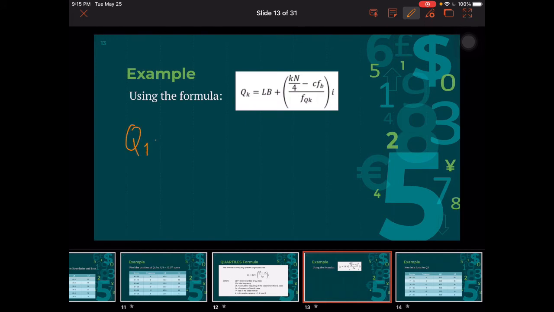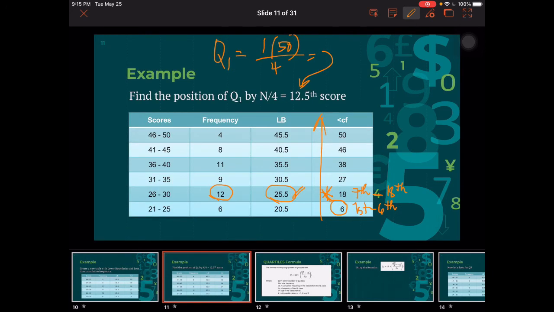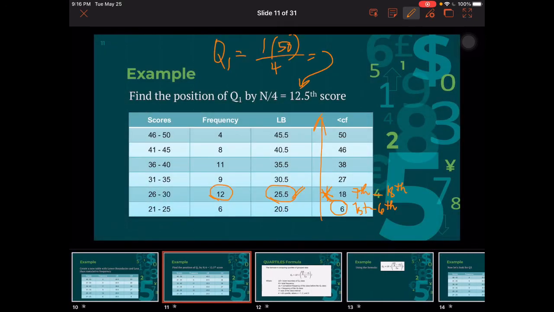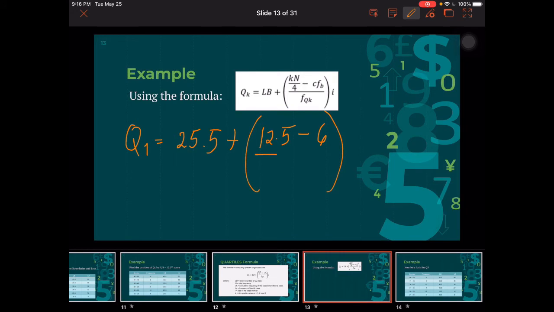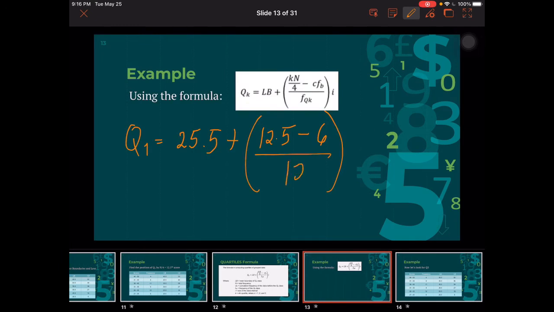So, using this formula, ang lower boundary natin was 25.5. So, 25.5 plus yung position na nakuha natin was 12.5 minus the cumulative frequency before, ito po yan, si 6. Divided by the frequency itself of that class, which is 12. And then times our class interval na 5.